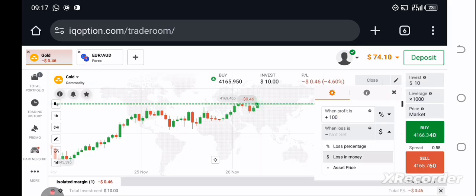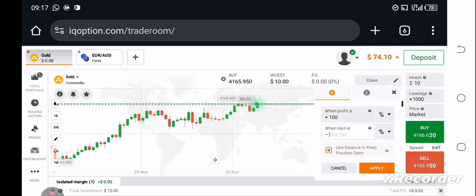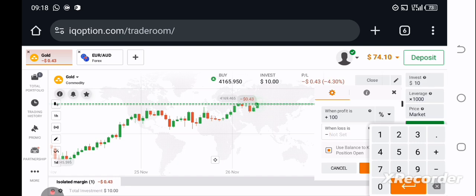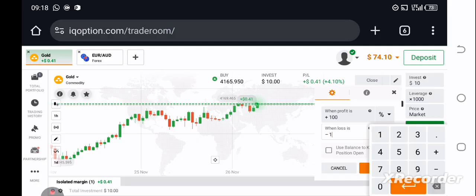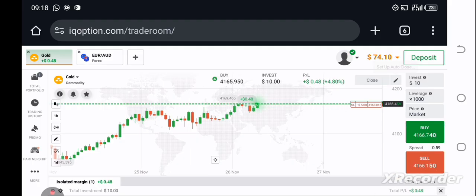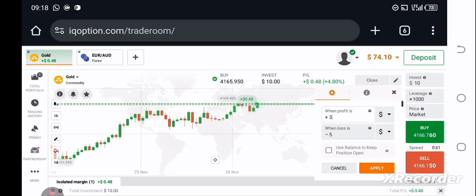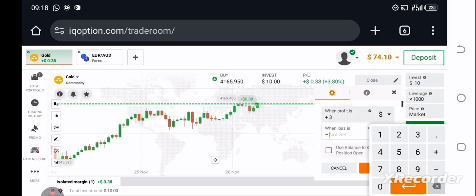so stop loss in percentage at minus 50%. Okay, so if we have 50% of stop loss, or let me just use 100% of the capital.